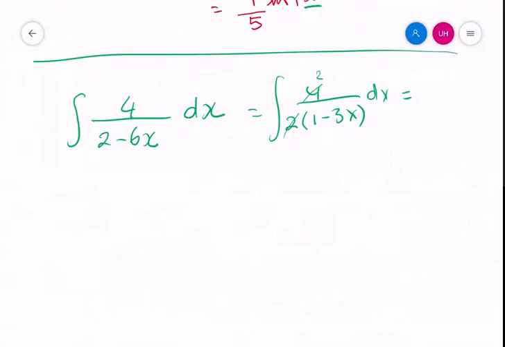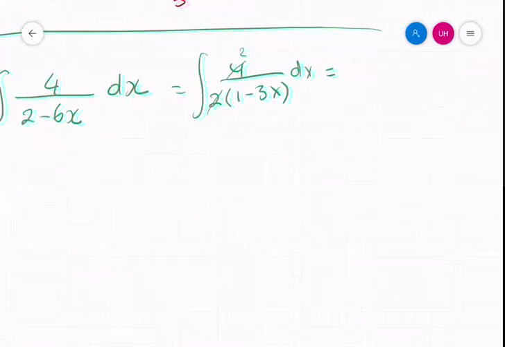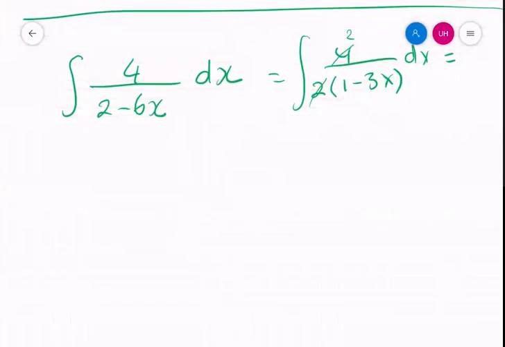So it's the integral of 2 over 1 minus 3x dx. Okay, right.